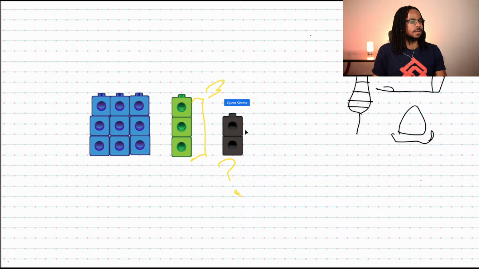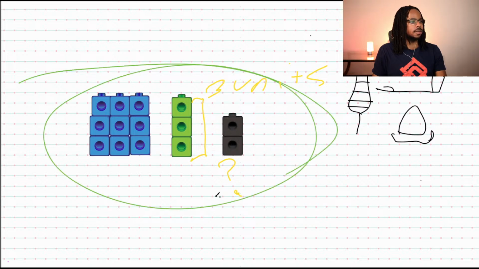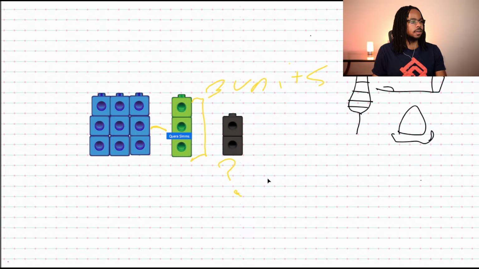This line has 3 units. Now, since this is all in the same equation, I'd assume they're all in the same puzzle. Wait, no, we can't. Never mind. And here's why. Because the width would be too long. It'd be 4 by 3 or 3 by 4. So we can't do that. Got to get that out.